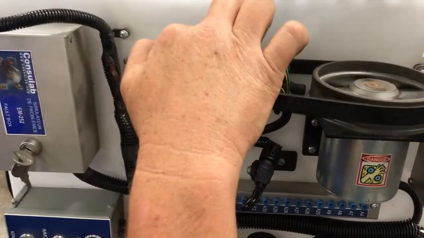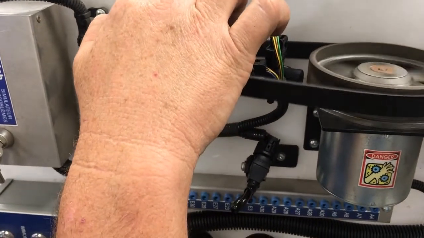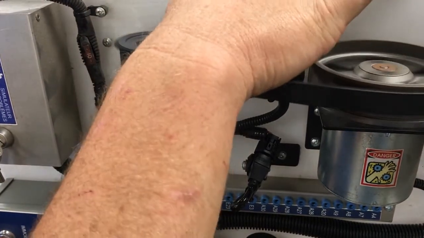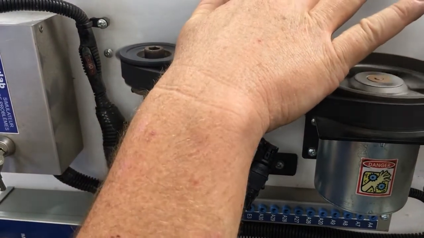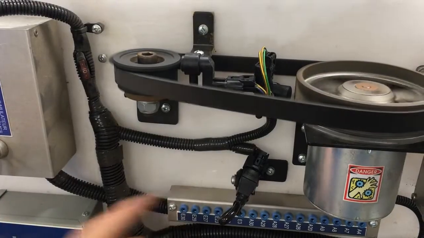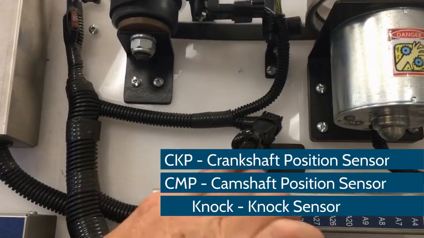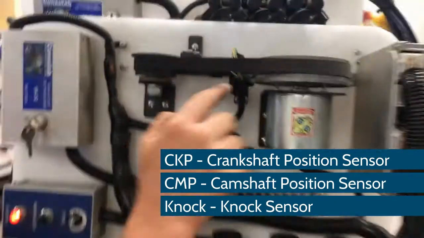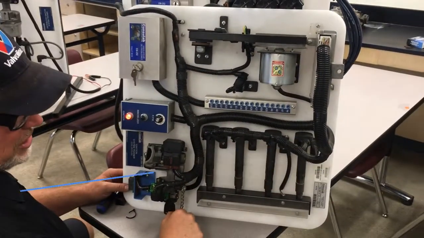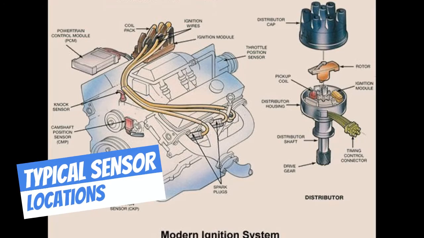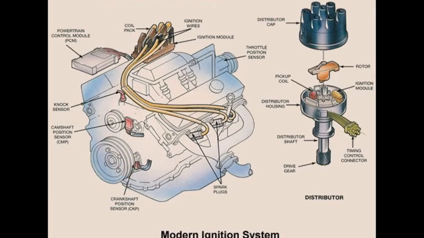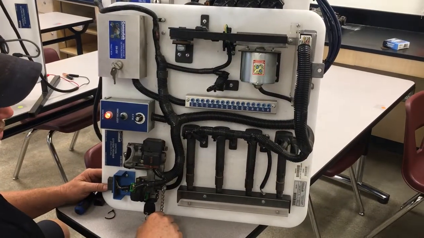So here's your crankshaft sensor, CKP. Here's your camshaft sensor, which would be a CMP. And then you have your NOx sensor, which is not an acronym, it's just a NOx sensor. These 3 sensors control your ignition system, in this case, your coil on plug system.